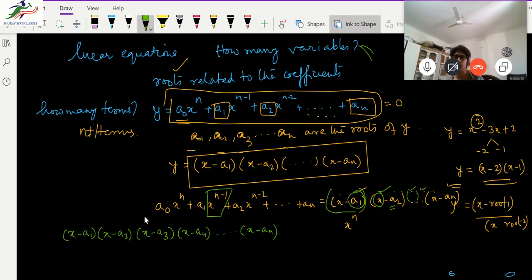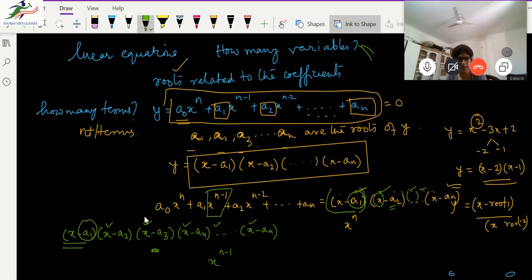So there will be a term where we will have x from here, x from here, x from here, x from here, x from here, right? So there are total n terms here, and I'm leaving out one term. So if I multiply the x of the other terms, I will have x to the power n minus 1, right?